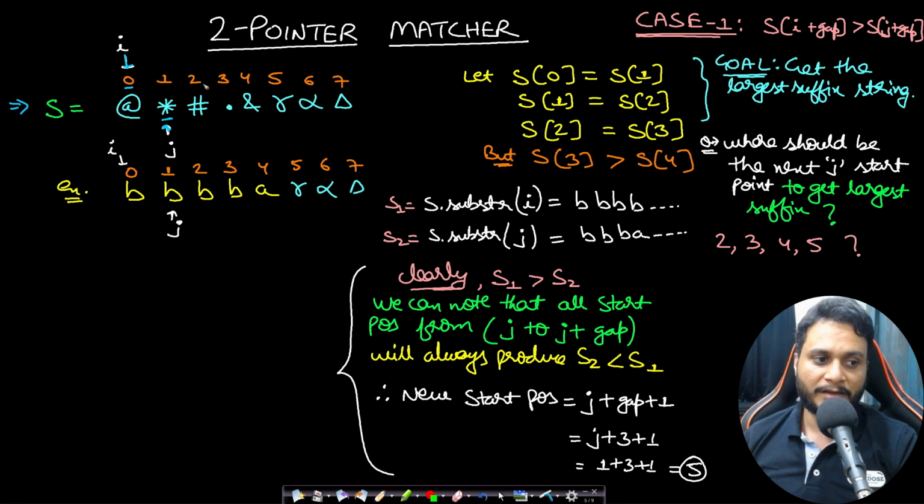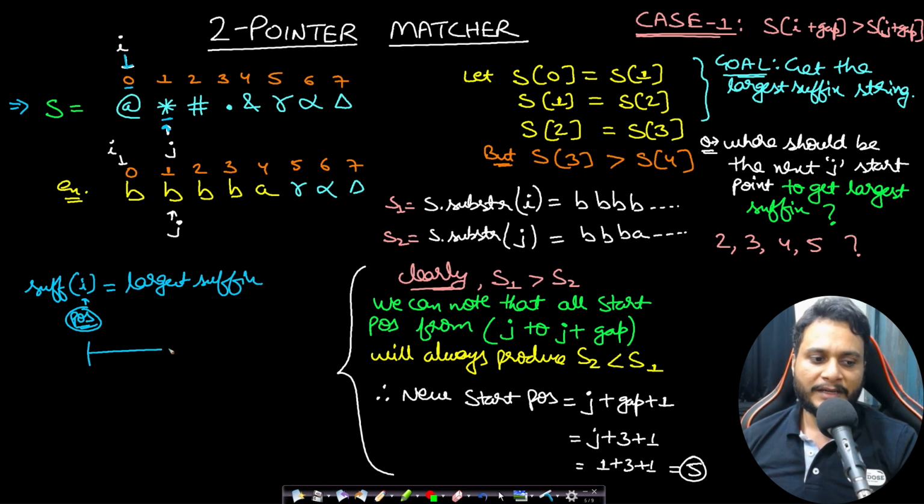So by the end of this one time parse of the string, I will be pointing to a position, that means the index in the given string, from where if I take the slice till the end, it will be the largest suffix. So that is my goal.